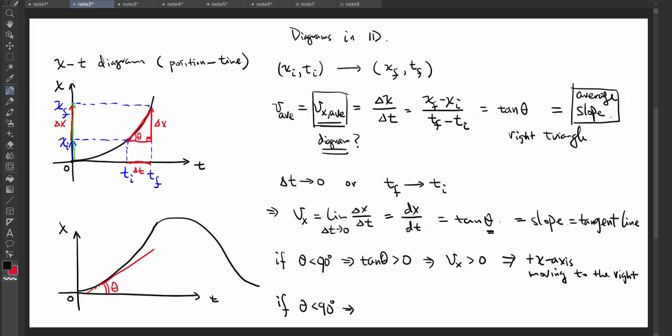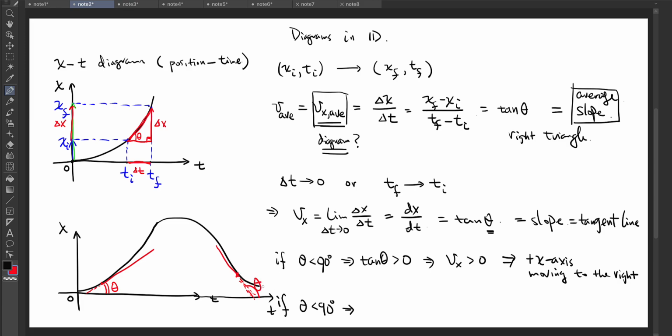So now if I look at the slope, let's say at this point, and let's do the extension to the t-axis. Now this angle is the theta at this instant.